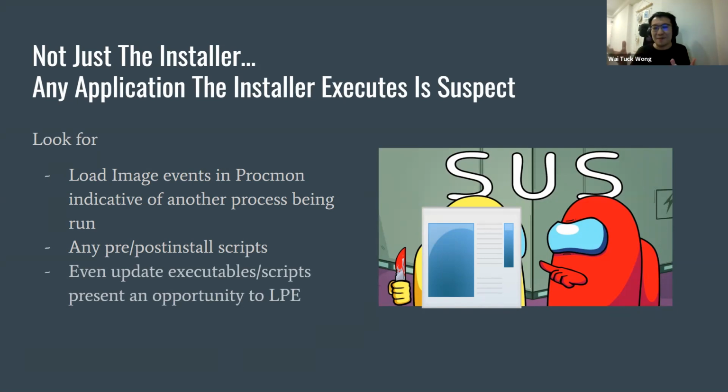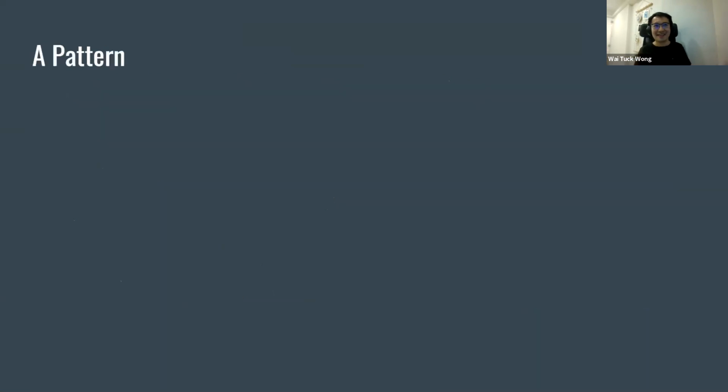And when you install something or when you update something, updating is pretty much equivalent to a form of installing, because to update, you need to install something. And that presents an opportunity to have a local privilege escalation. So any part of installing is quite terrible.